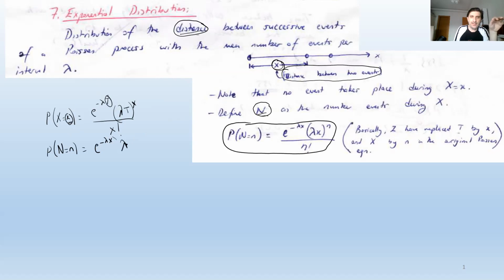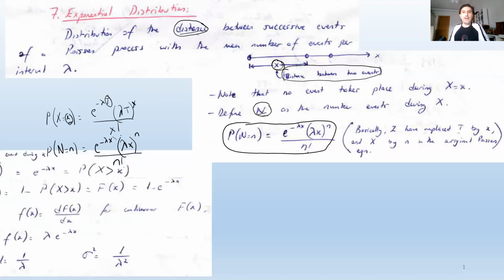It's not defined yet. So I'm concentrating on a region of length x, and the expected number of calls during that interval is going to be lambda times x, to the power n, over n factorial. So it's the same expression, only x and n change.